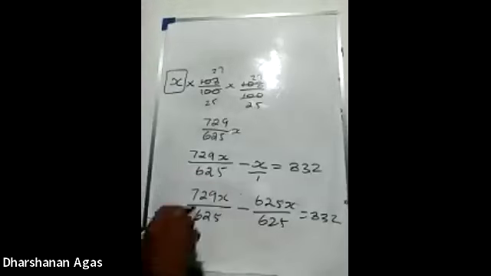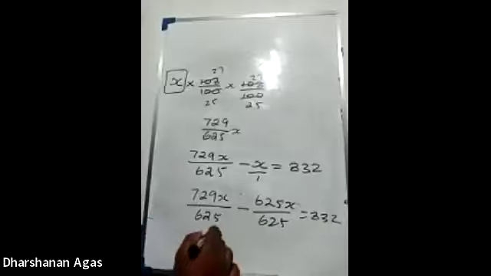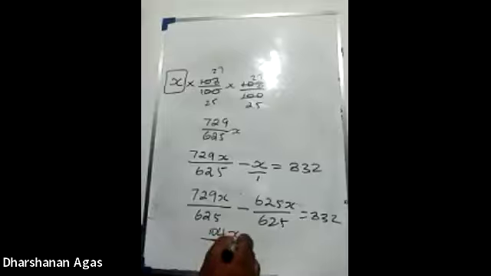Now subtract, students. Here 729 minus 625 is 104, so 104x over 625 equal 832.